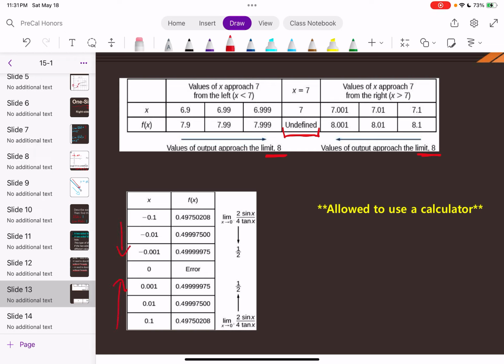On the right side, it looks like we would be approaching 0.5. But when they calculated 0, it ended up being an error. It is more than likely that we are seeing something along this line occur, where we are going up to a number, open circle, and then that other line is coming down from it as well.